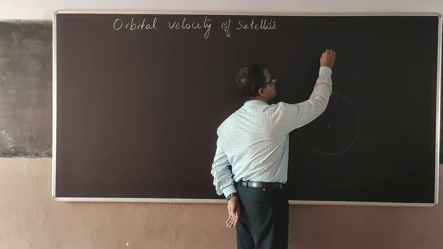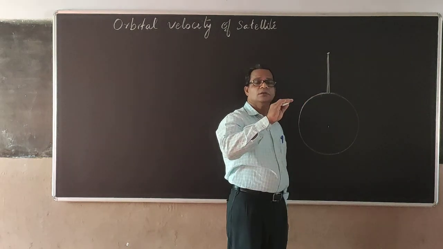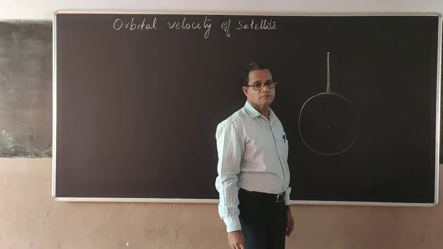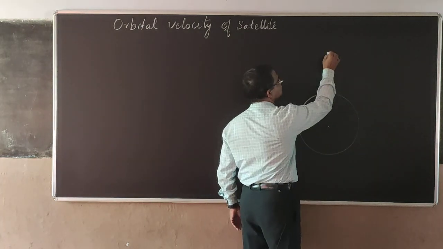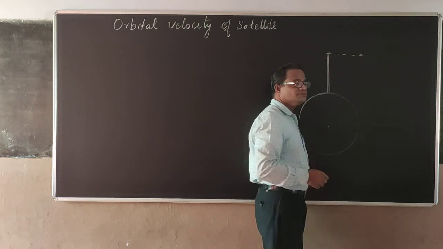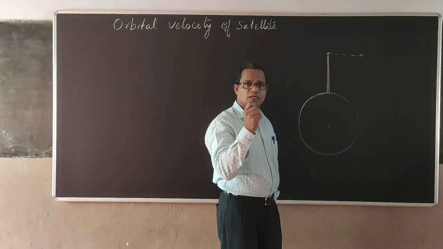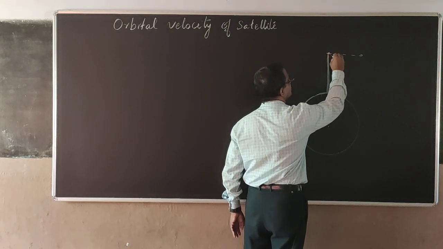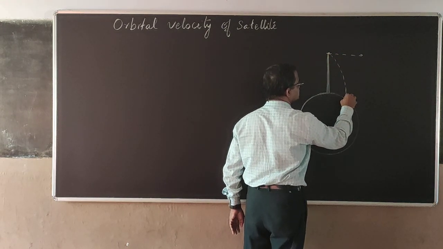From the tower, I am throwing objects horizontally. When I throw an object horizontally with a low speed, you can find that it comes and falls to Earth.